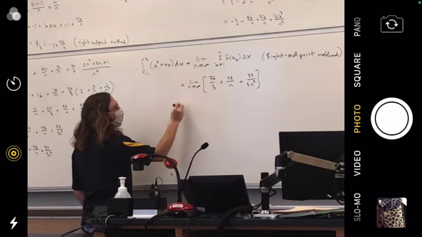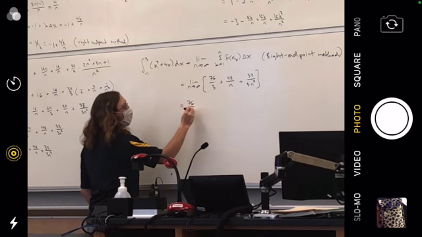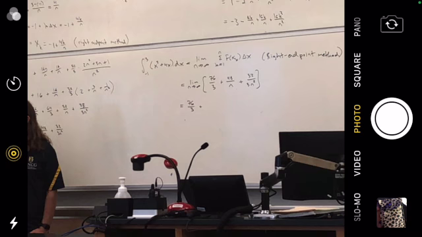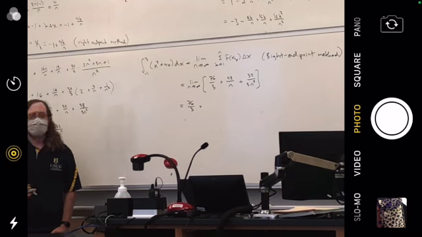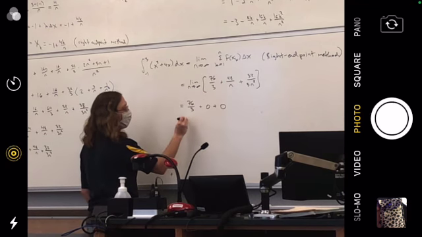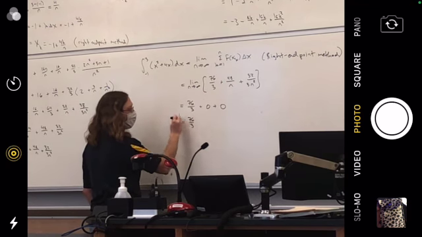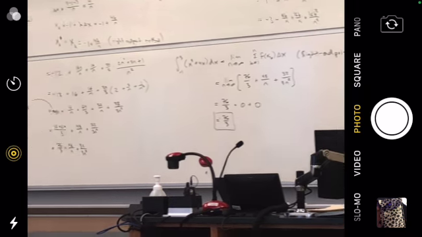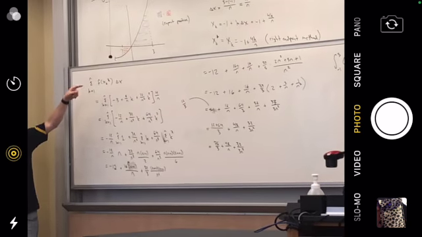So what do I get? 76 over 3 plus 0, since 48 over infinity is 0, and this one's also 0. All right. That area is exactly 76 over 3. And I should say signed area, right? It had a positive part and a negative part.